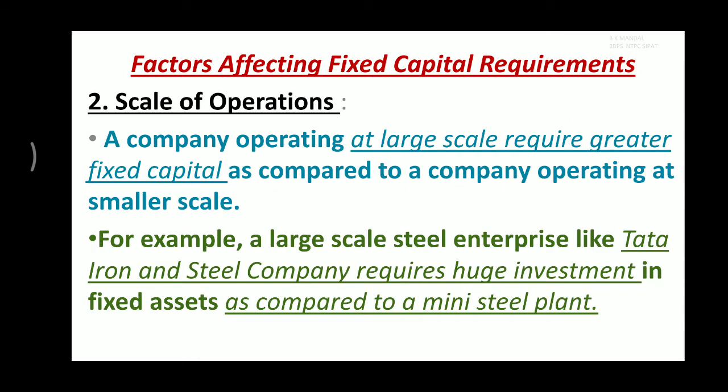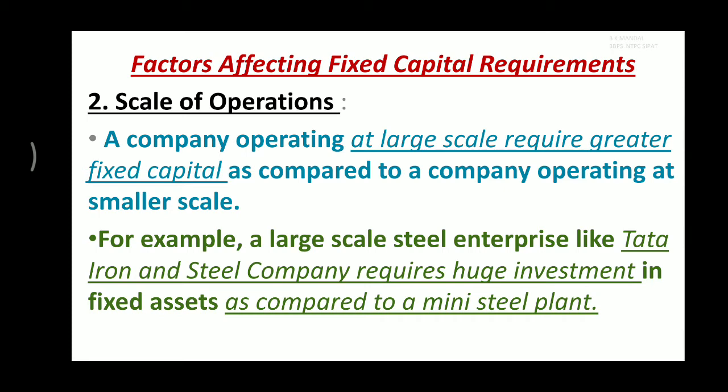Then scale of operations. Two types of scales of operations are there: large scale operation and lower scale operation. If a company is operating at a larger scale, the requirement of fixed capital will be more as compared to companies which are operating at a lower or smaller scale.